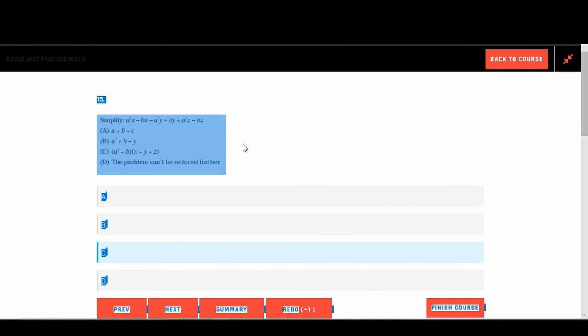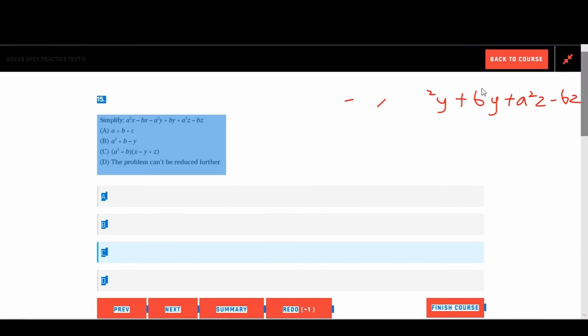15 says simplify a squared x minus bx minus a squared y plus by plus a squared z minus bz. So let me go ahead and copy that. A squared x minus bx minus a squared y plus by plus a squared z minus bz. Let me rewrite that.